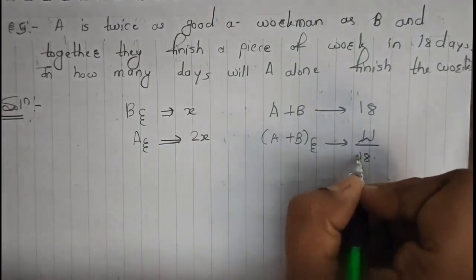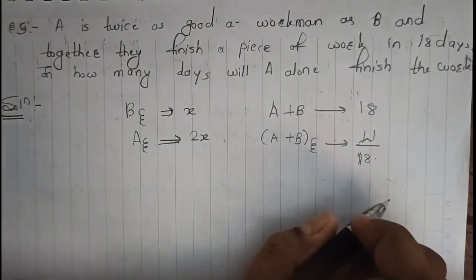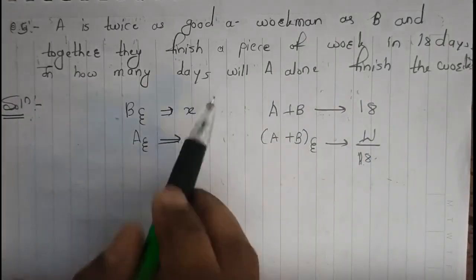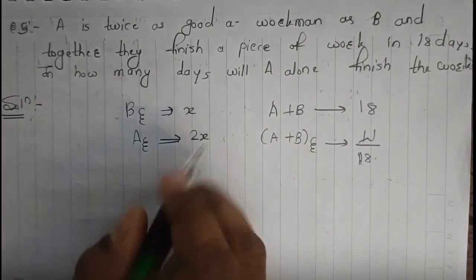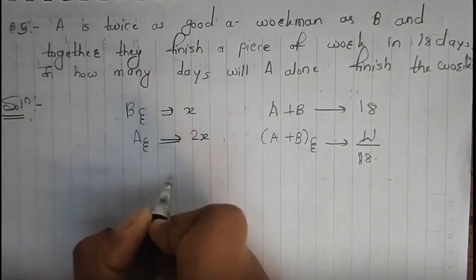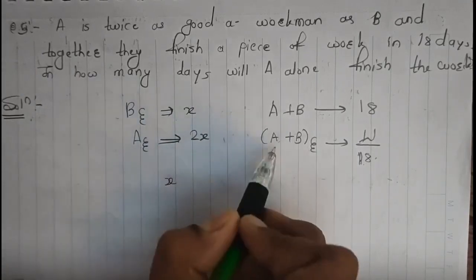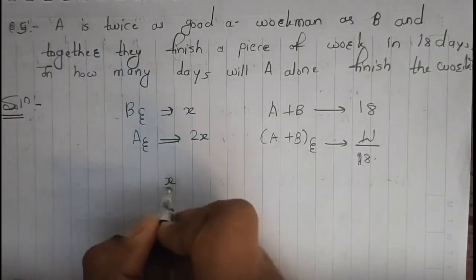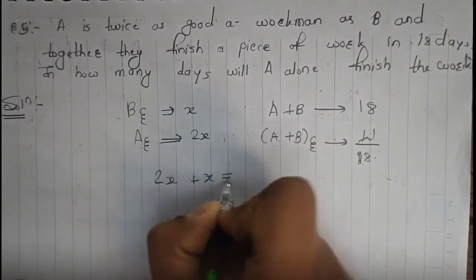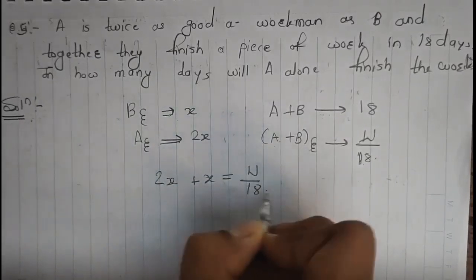So W by 18 is the efficiency for A and B together. Now the single efficiencies are given, even though in X format. Just substitute: in the place of A it would be 2x, plus in the place of B it would be x, equal to W by 18, right?